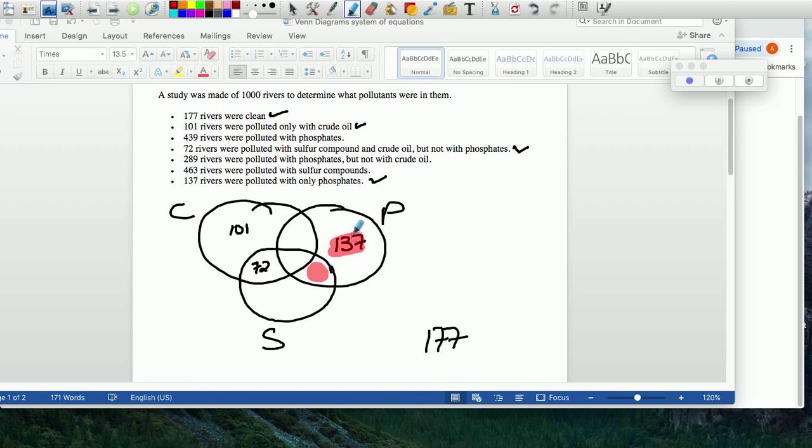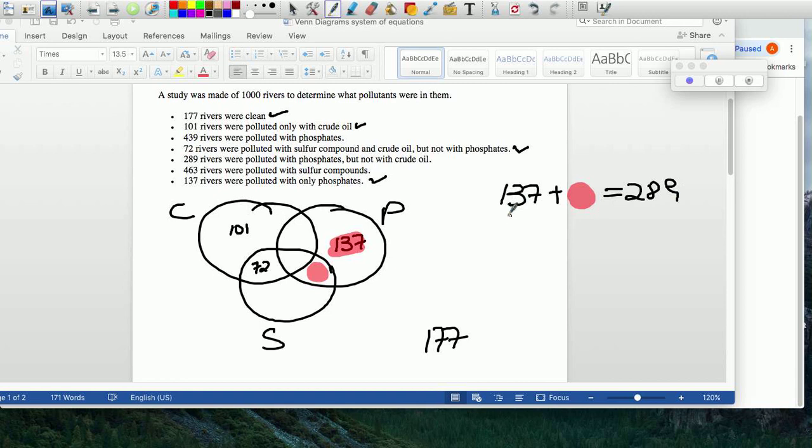Okay, so the sum of this and this gives me 289. So 137 plus this little mystery number here, which I'm going to just do it this way for now so that you recognize it, is equal to 289.